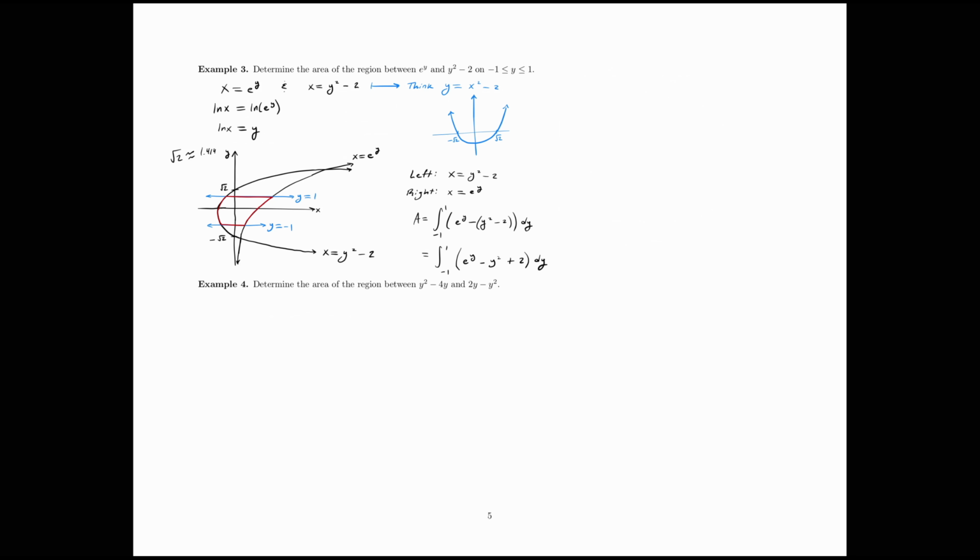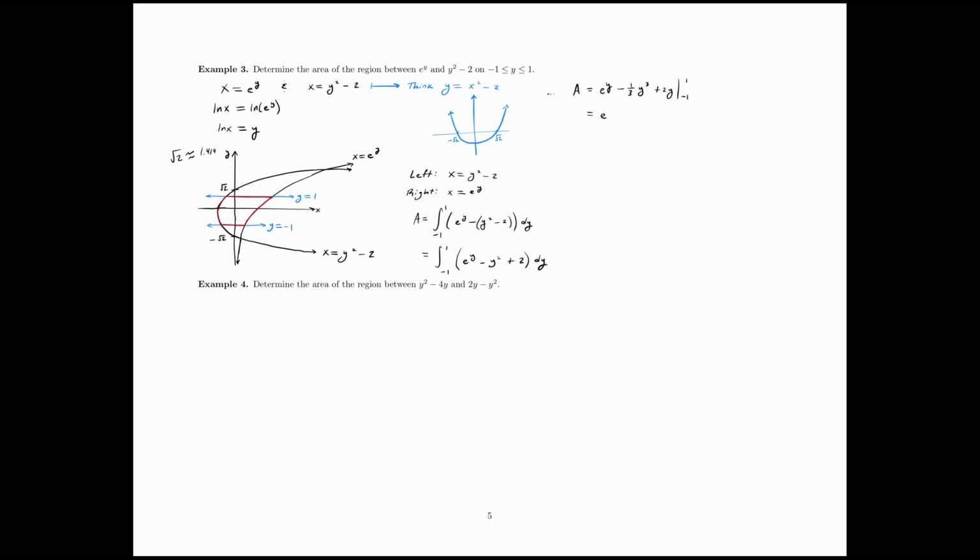So the integral of this, I'm going to move up here. So we've got antiderivative of e to the y is e to the y. Then we've got minus 1/3 y cubed plus 2y between negative 1 and 1.